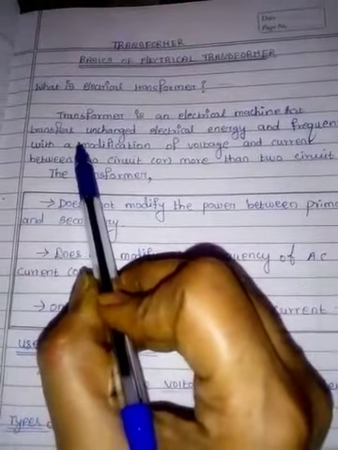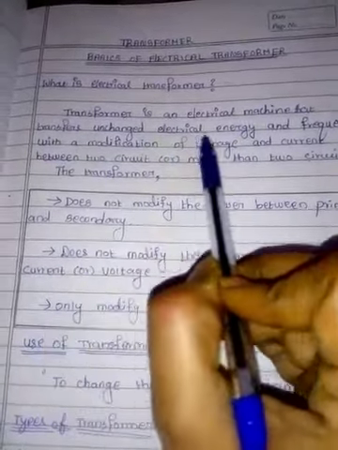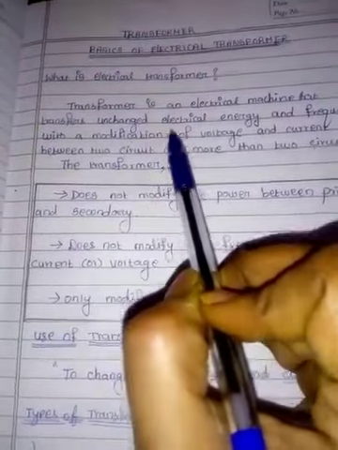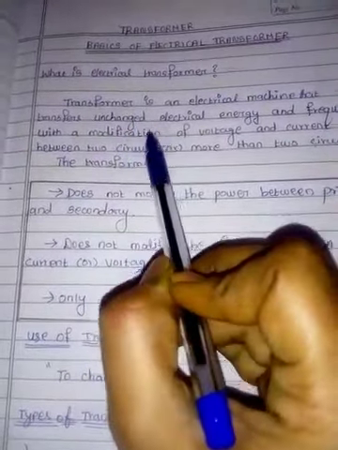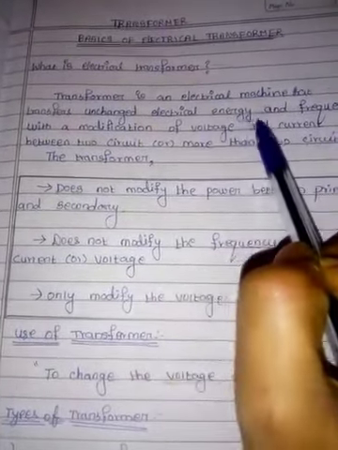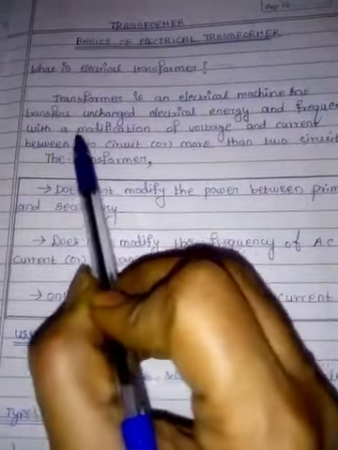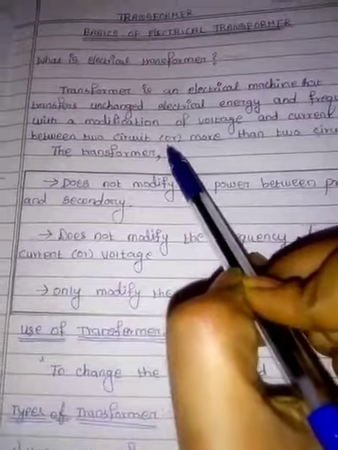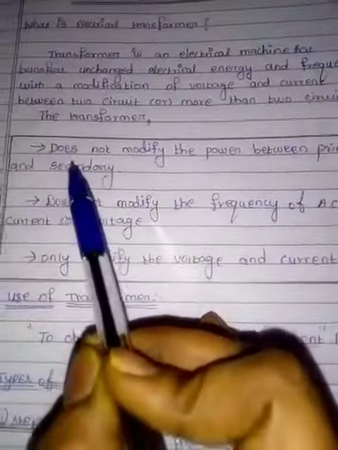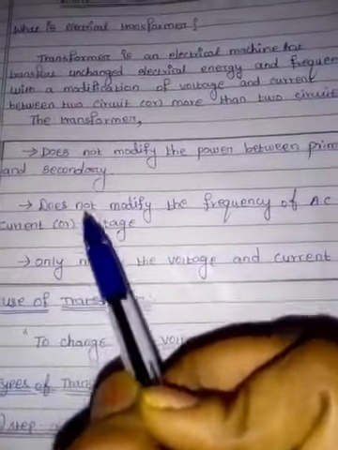Here the main keyword of this point is modification of voltage and current. This is a very important point: unchanged electrical energy and frequency with a modification of voltage is the concept of this transformer. So the transformer has three concepts.